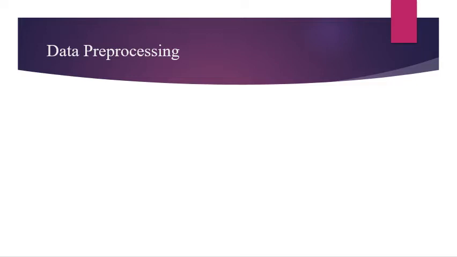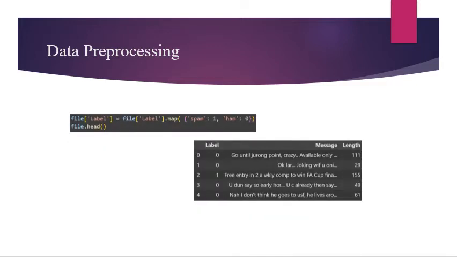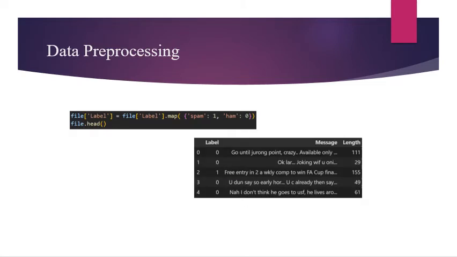So, the question arises, why do we need data preprocessing? As real world data is very large and noisy, first we have to remove redundant data, because it increases the calculation and efficiency will also decrease.